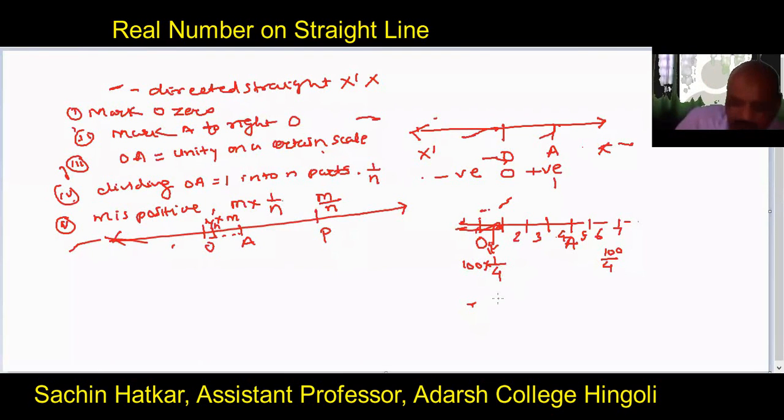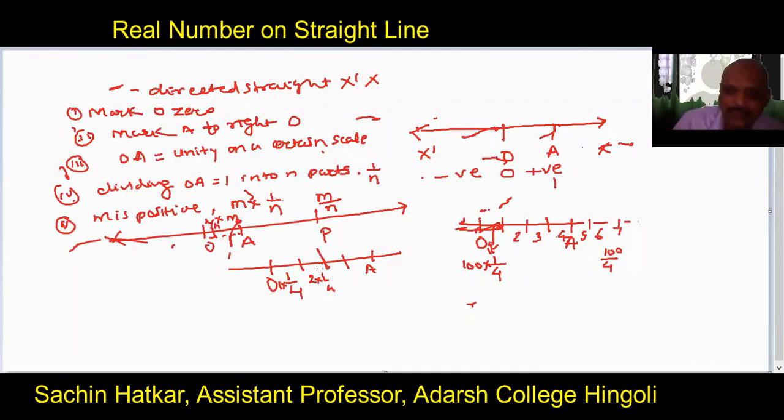Let me show once again. Suppose this is A, this is O, and we are dividing it into 4 equal parts, each of which is 1 by 4. So this is 1 into 1 by 4, this is 2 into 1 by 4.